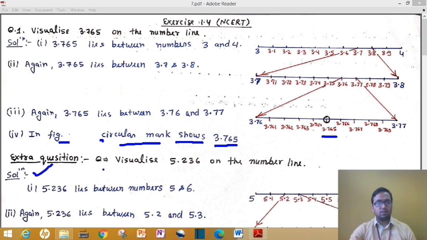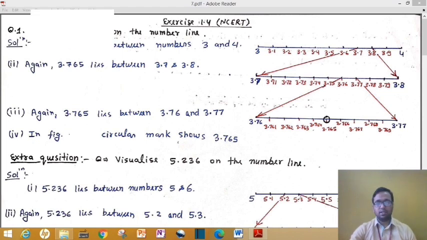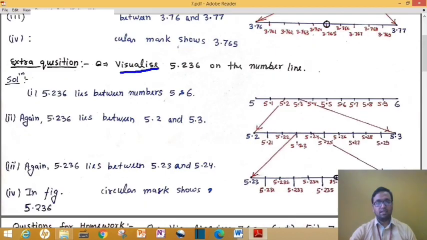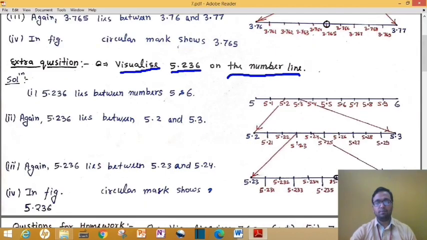Now we will see some extra questions. We will try to understand some more problems similar to this one, 3.765. Visualize 5.236 on the number line. You have to focus on the first number, that is 5, and something is written after it also, that means this number is greater than integer 5 and less than 6.